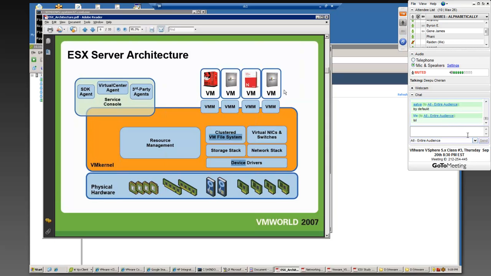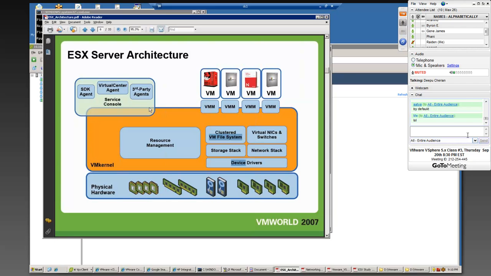When somebody says compute resources, 99% they are talking about memory and CPU. They are not talking about network and storage. But when we talk about core resources, all 4 are important. But out of the 4, the most important are these compute resources, the memory and CPU. Without that, a VM cannot even exist.